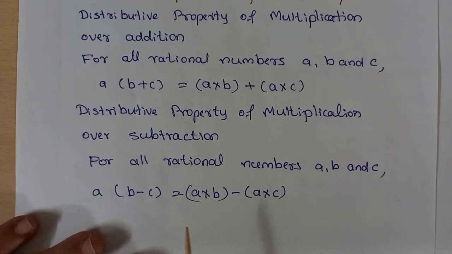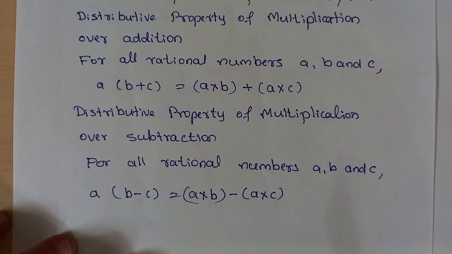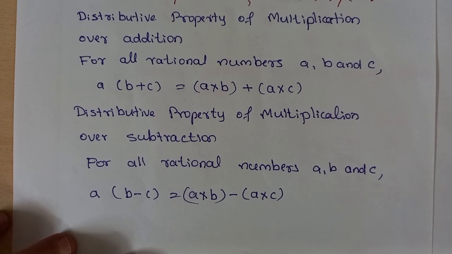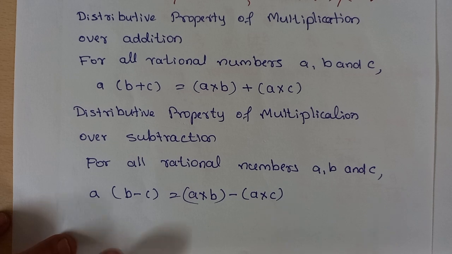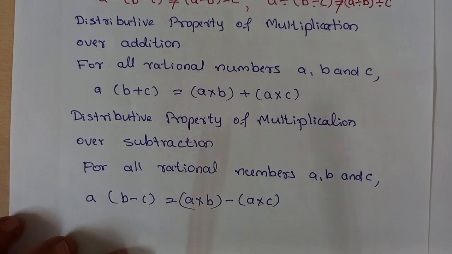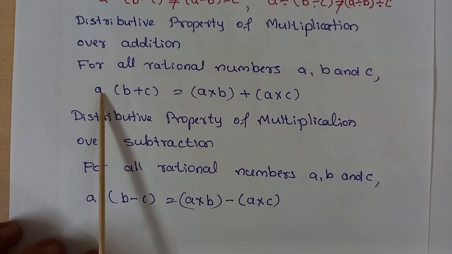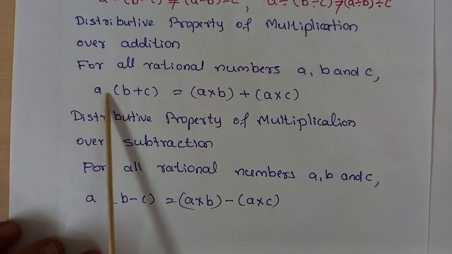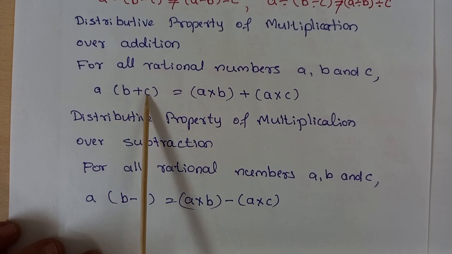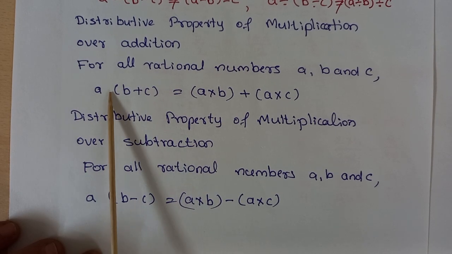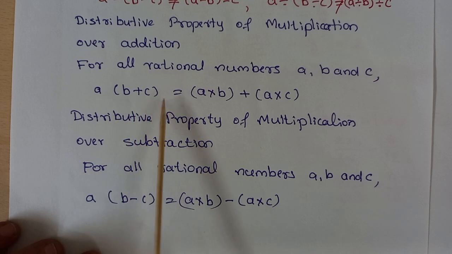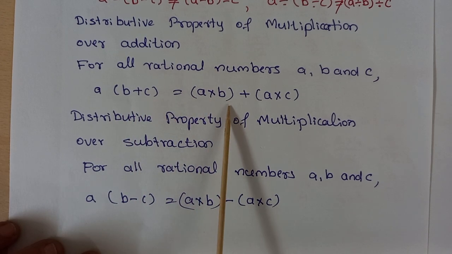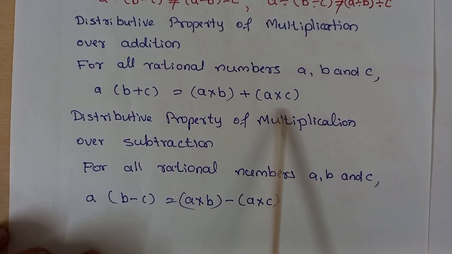Then what is distributive property? I call this the chocolate property, because when we distribute chocolates to children, each child will get a chocolate. Like that, this multiplication sign is a chocolate. We distribute this chocolate to these two children. That is a into bracket b plus c is equal to a into b plus a into c.